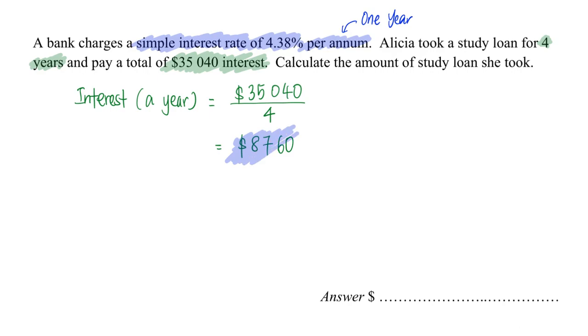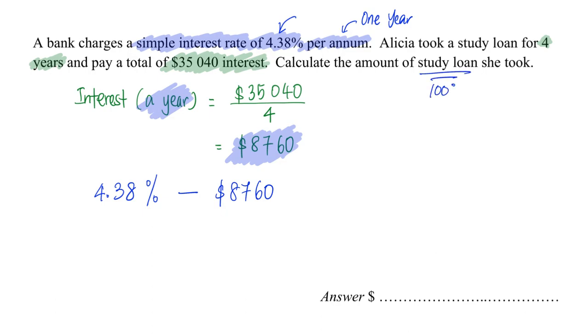And now is the key. So this interest for a year represents this 4.38%. So our job now is, therefore, the study loan, which is our 100%, is how much?